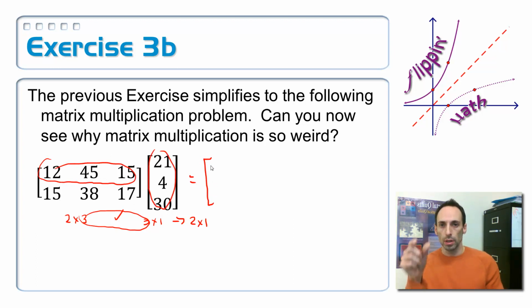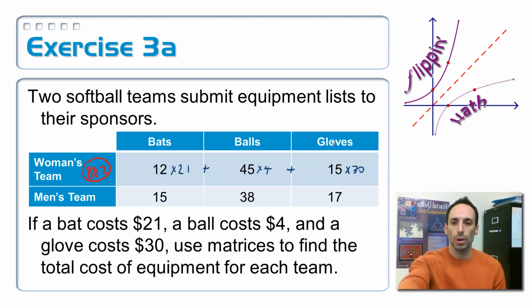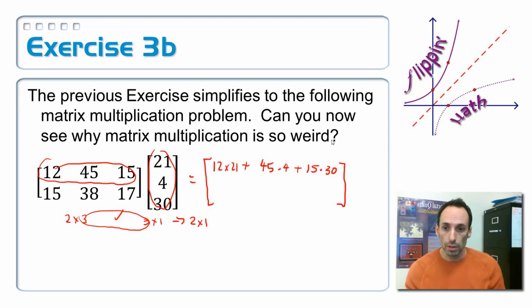Okay, when I do that, corresponding entries and then add them up, so it's going to be 12 times 21 plus 45 times 4 plus 15 times 30. Does that look familiar to you? Let me go back a slide and let's just look. That's exactly what I have in that top row whenever I was just multiplying it out, trying to figure out what the cost would be without it even being a matrix, right?